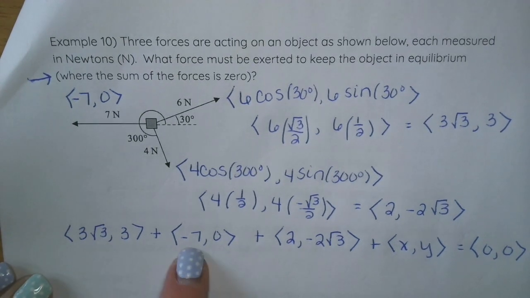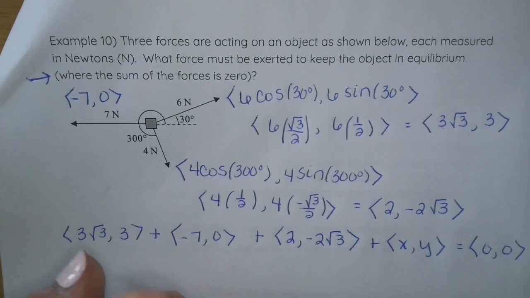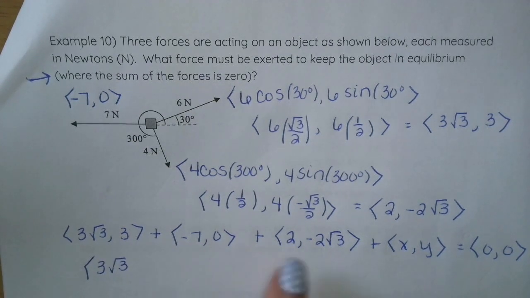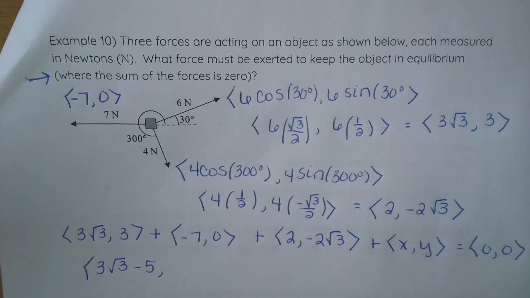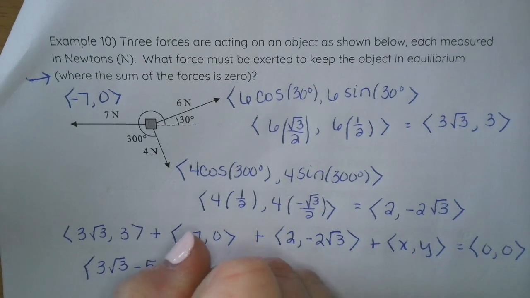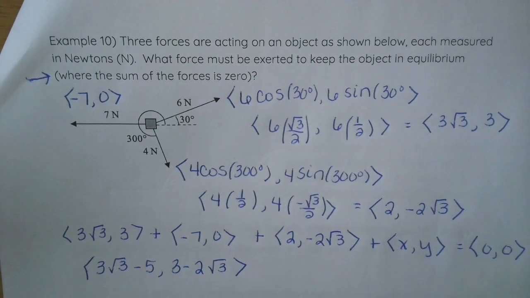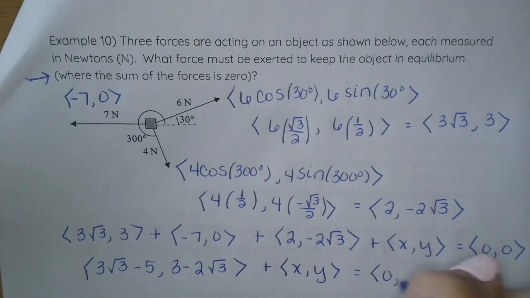When I add the first parts of all of my components together, I of course will have 3 square root 3 minus 5. And then I'll have 3 minus 2 square root 3. Plus, of course, x, y, our unknown force, still has to equal 0.